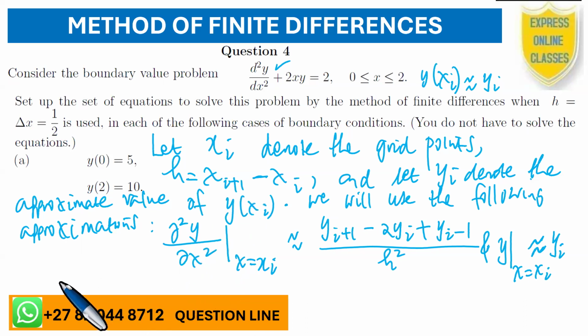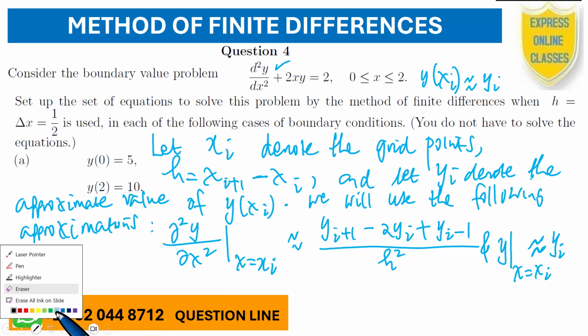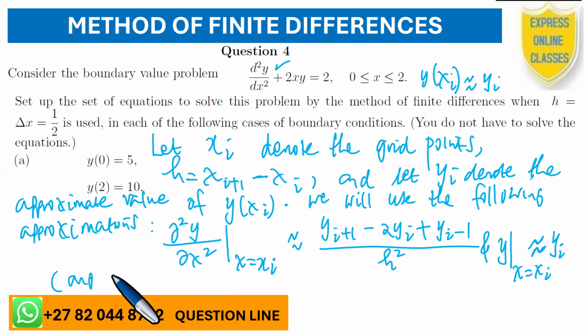And of course, whenever you have x evaluated at xi, this can be seen as xi.